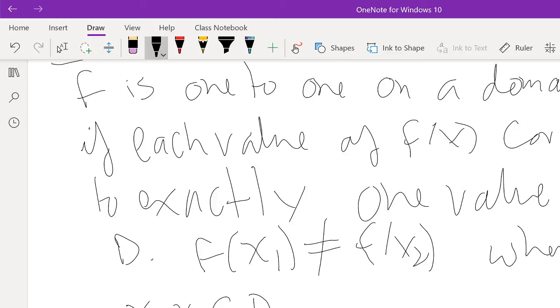Okay. So to unpack this graphically, what this means is that it needs to pass the horizontal line test.